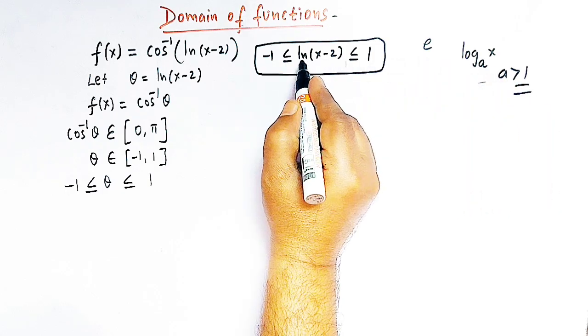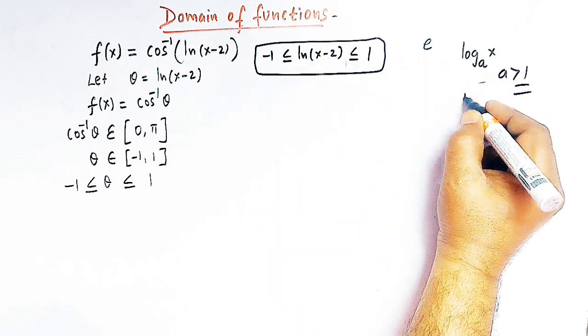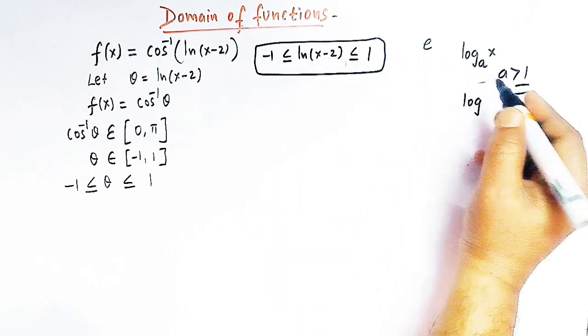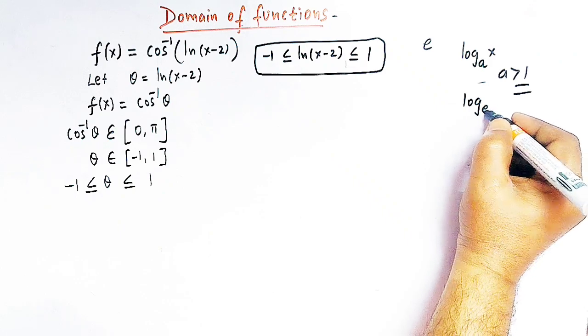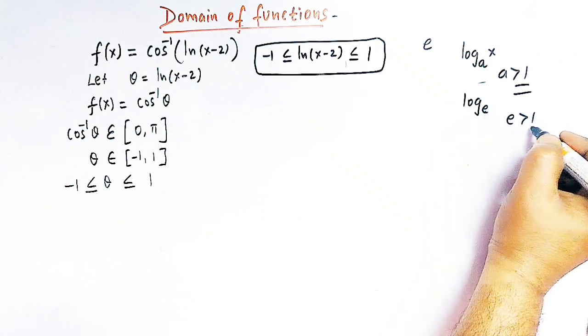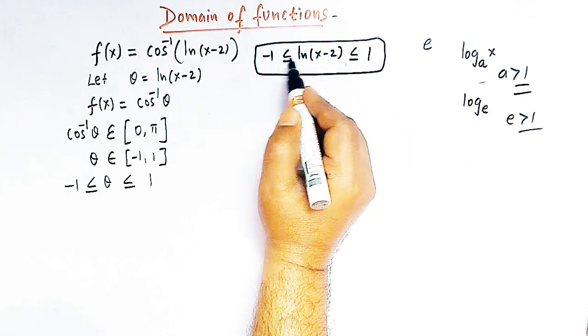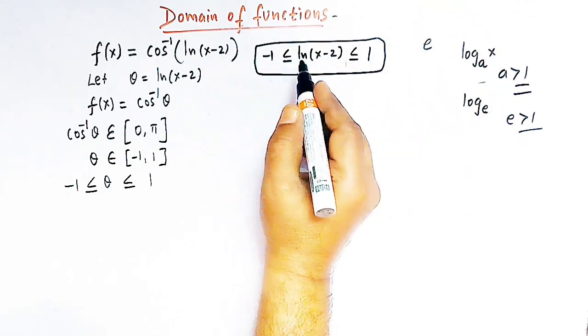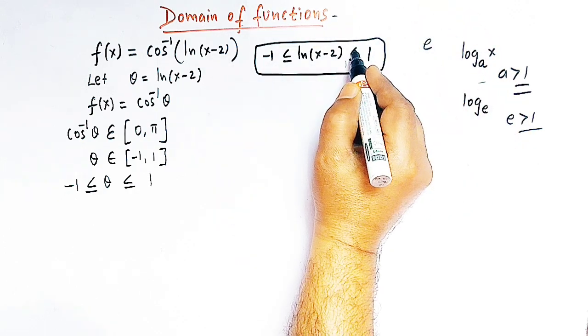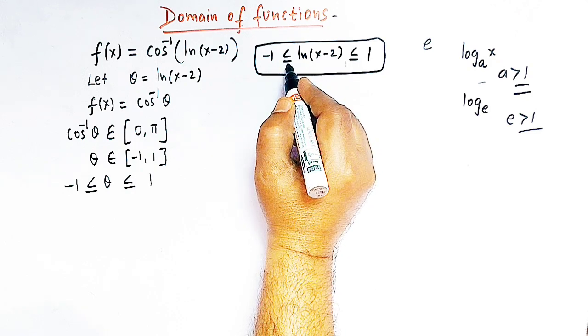And here we have the natural log, which implies the base of the logarithm is e, and e is greater than 1, right? So we can raise these three numbers to the power of e without disturbing the direction of the inequalities.